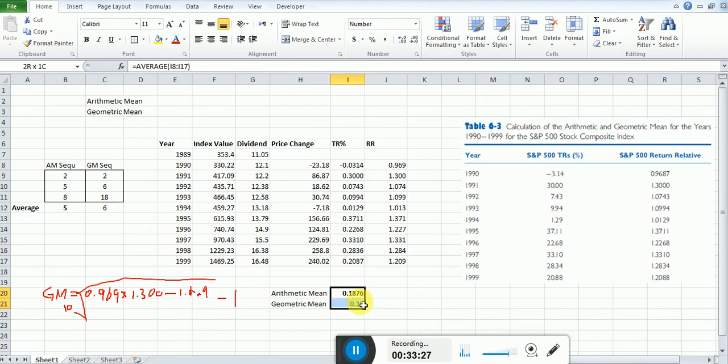But always the geometric mean is lower, because in arithmetic mean we do not have the compounding effect, right? Here we just try to know the central tendency, but here we just try to know the average return, means what is the rate in between, and the rate of increase which is used, that is multiplication.